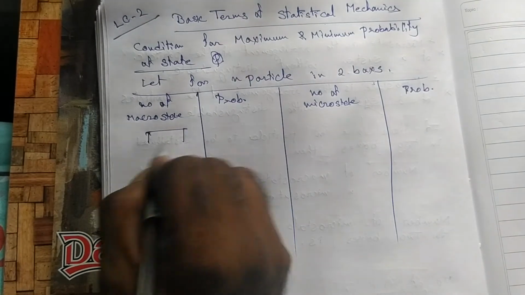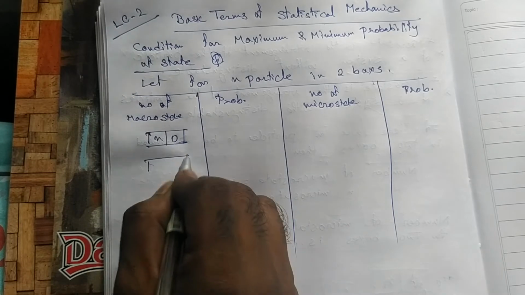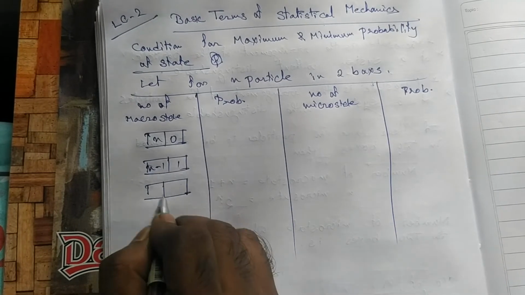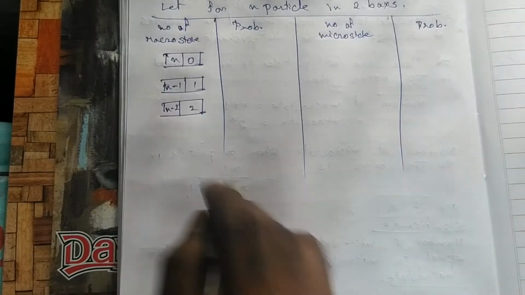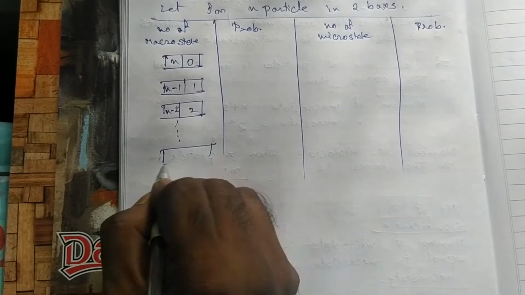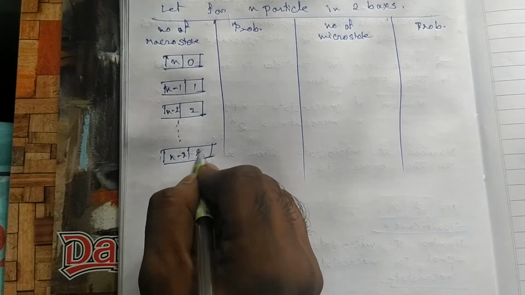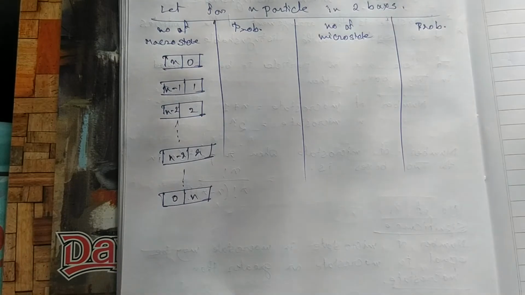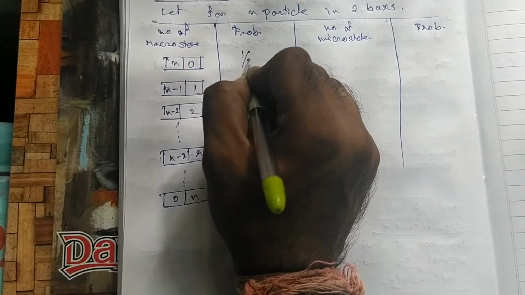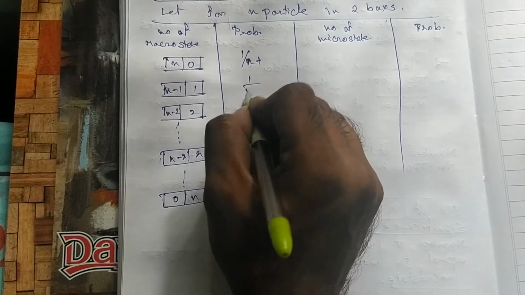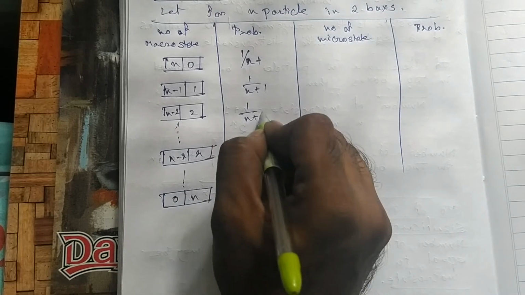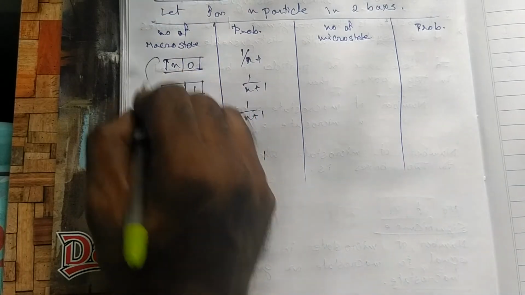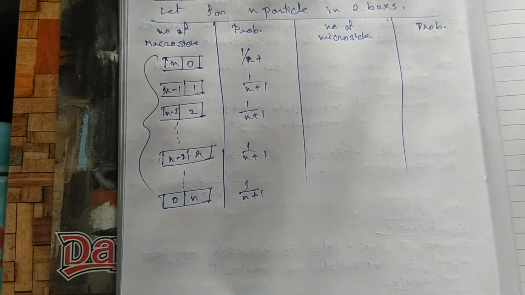So the distributions are (n, 0), (n minus 1, 1), (n minus 2, 2), and in such a way (n minus r, r), down to (0, n). The probability for every state is 1 by n plus 1, because in a macrostate every state is equally probable.